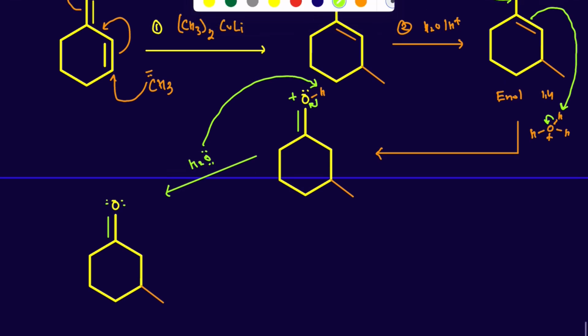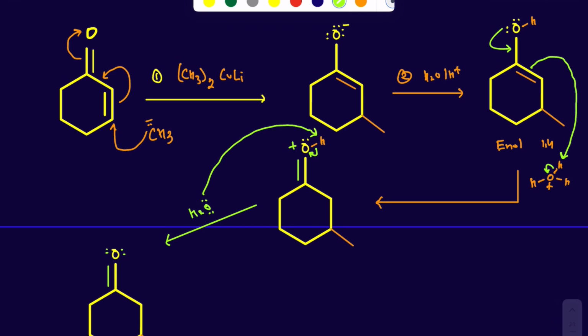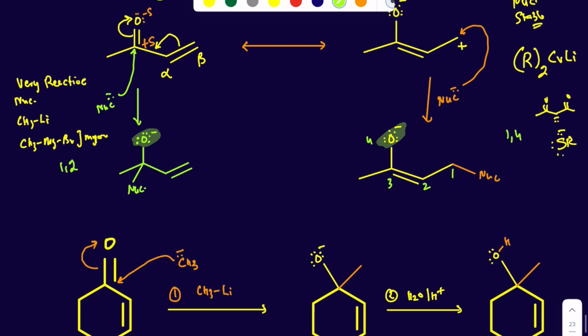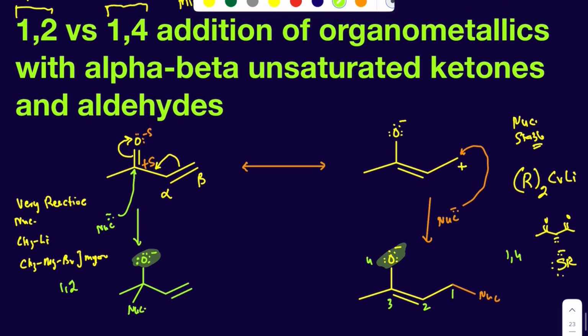So instead of memorizing things, you want to see what's really happening mechanistically. What you need to memorize at the end of the day is you want to make sure you know what possible nucleophiles can do 1,2 addition versus 1,4 additions. And right now we're just comparing the organometallics.